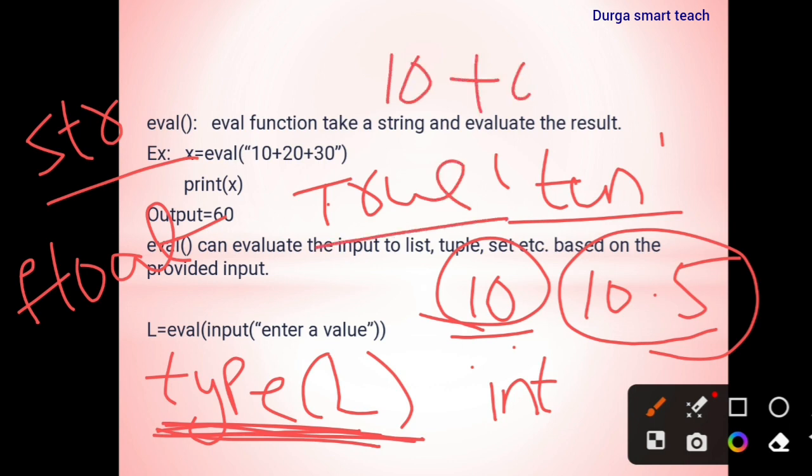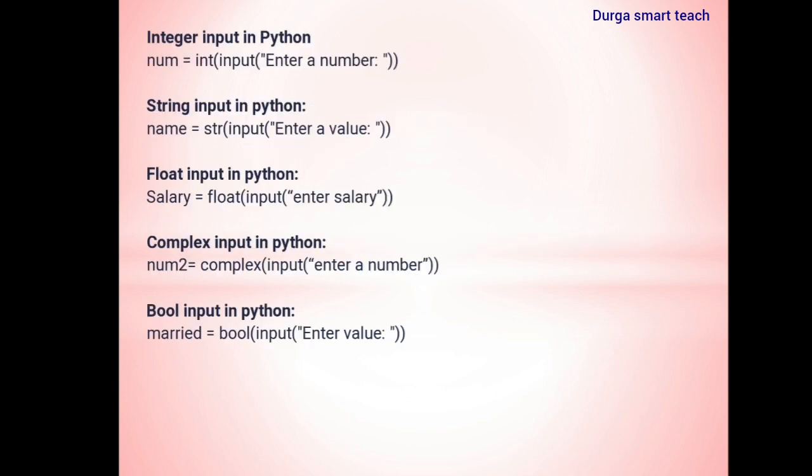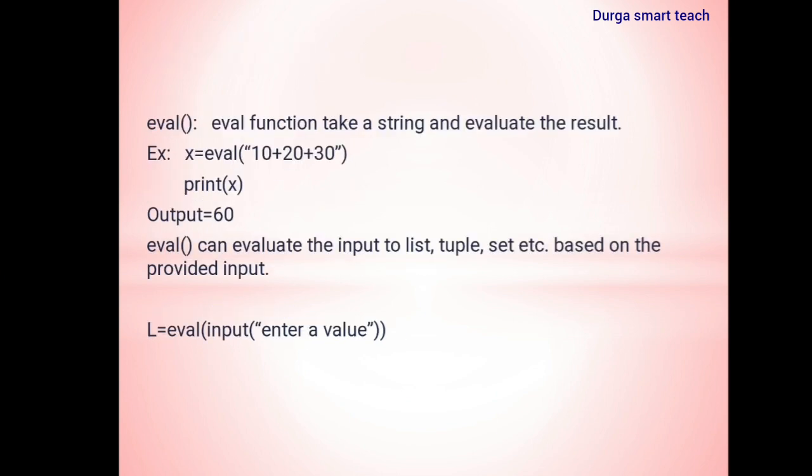Next, 10 plus 0j is complex. So based on the given value, the data type will be decided. That is the importance of eval. You can use eval for input because it is very flexible. Based on the input, the data type will be decided.